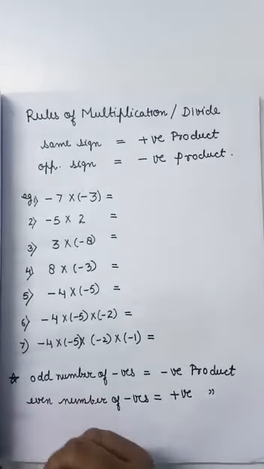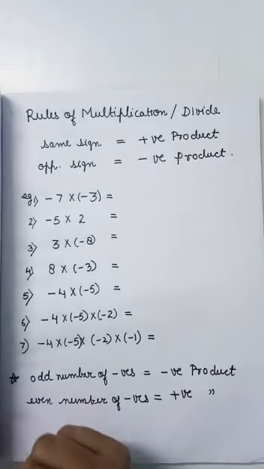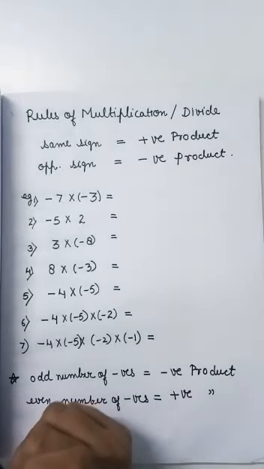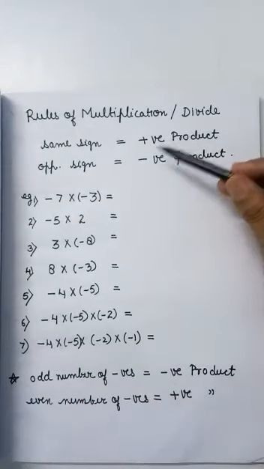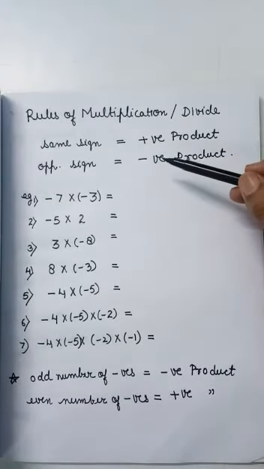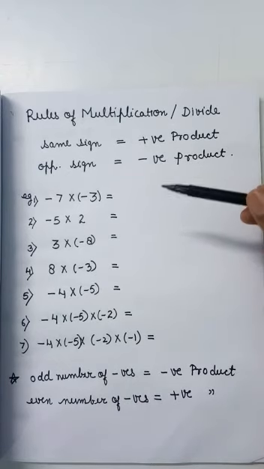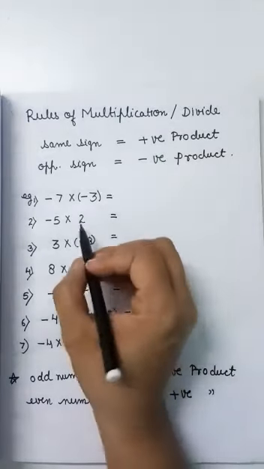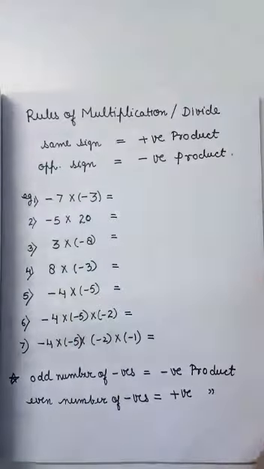Remember class, if both numbers are of the same sign, means both are positive or both are negative, you will put the positive sign. And if the signs are different, means one is positive, another is negative, then you will put the negative sign. Same sign positive product, opposite sign negative product.